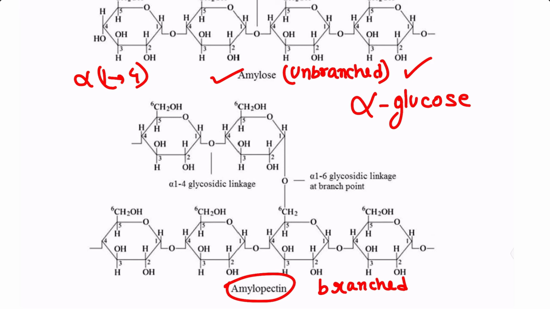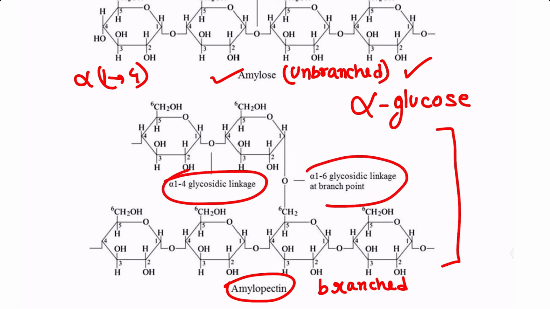Amylopectin possesses a branched structure that we can see here. It has alpha 1,4 glycosidic linkage as well as alpha 1,6 glycosidic linkage at the branch point, and alpha 1,4 linkage in the linear form. So, this is starch.